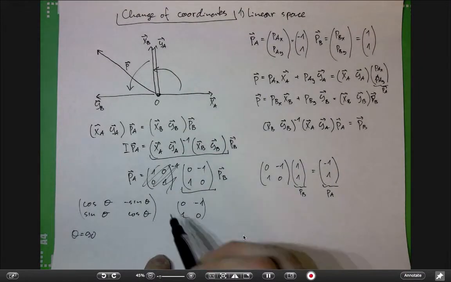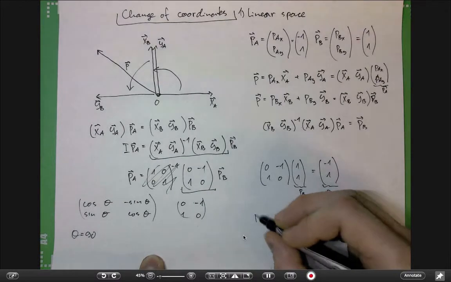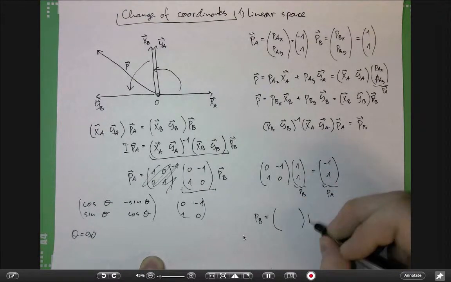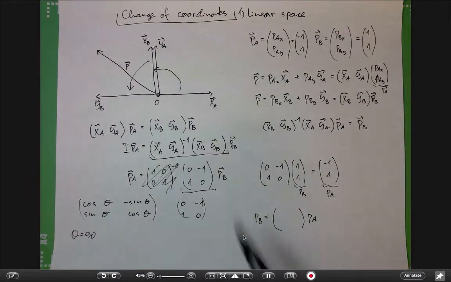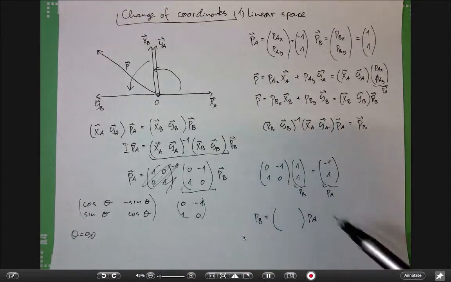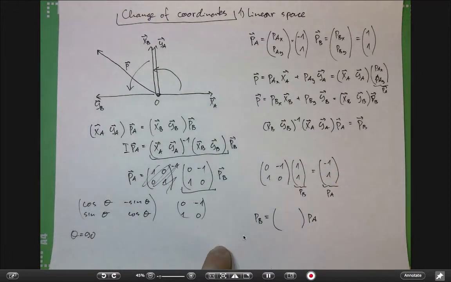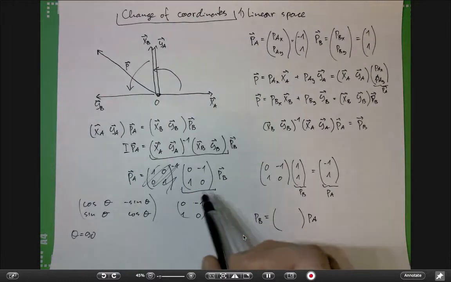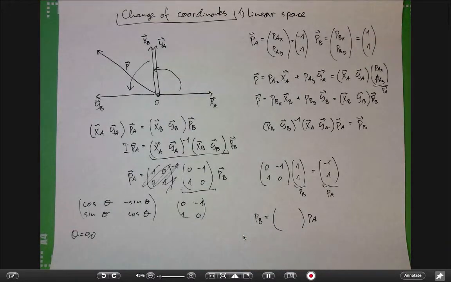If I wanted the opposite transformation, if I wanted to go from PA to PB, so if I wanted this matrix, then I can again substitute, plug it in here, and I have to get the inverse, right? So the inverse of this matrix, what would be the inverse of this? Let's see if you are paying attention.